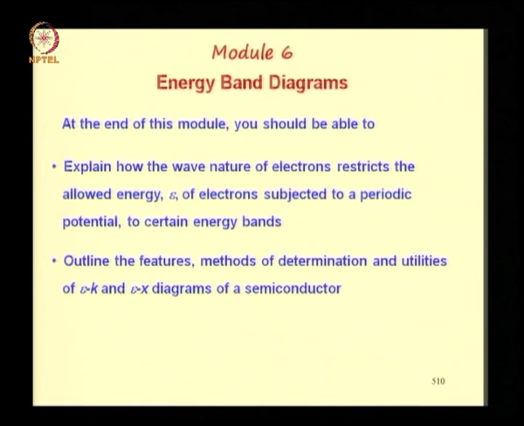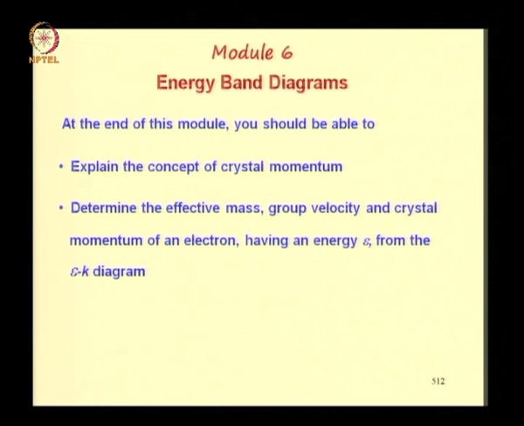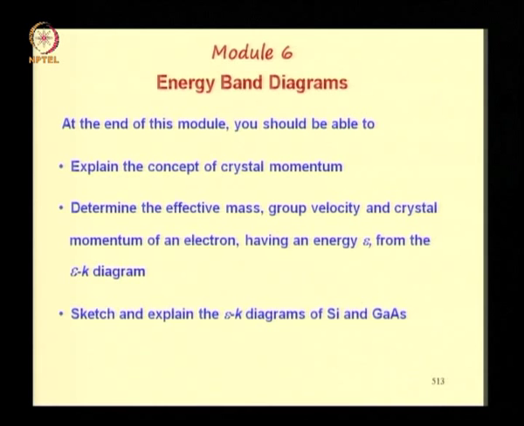You are able to outline the features, methods of determination and utilities of Ek and Ex diagrams of a semiconductor. You are also able to point out the correspondence between these two diagrams. Explain the concept of crystal momentum. Determine the effective mass, group velocity and crystal momentum of an electron having an energy E from the Ek diagram. Sketch and explain the Ek diagrams of silicon and gallium arsenide.